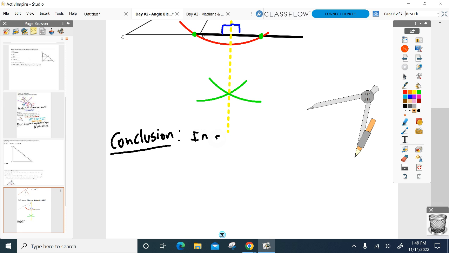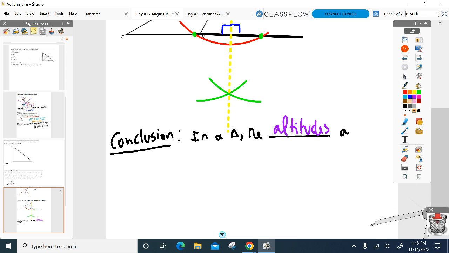In a triangle, what did we just construct? The altitudes are concurrent. Yep, they would all meet in the same spot. Are concurrent.